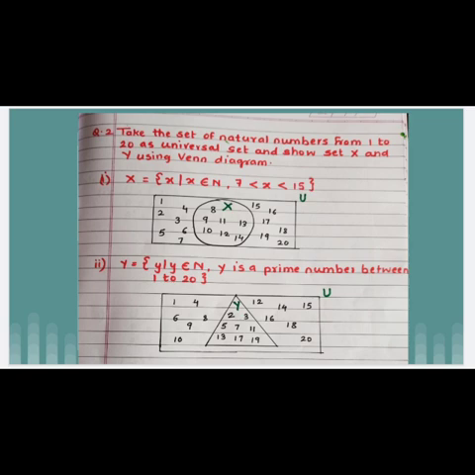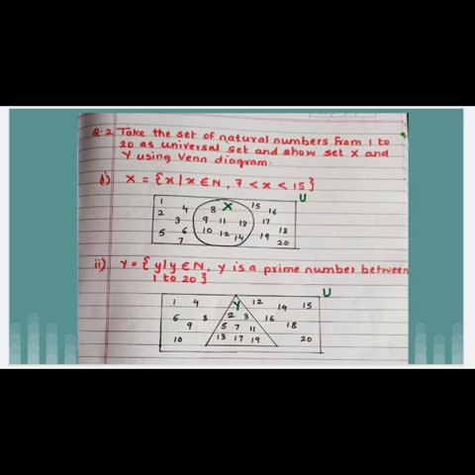And first we mention all the elements of set y, which are the prime numbers between 1 to 20. So those numbers are 2, 3, 5, 7, 11, 13, 17, 19. Correct? Now in the rectangle we have to mention the remaining elements from 1 to 20, because the universal set is numbers from 1 to 20.